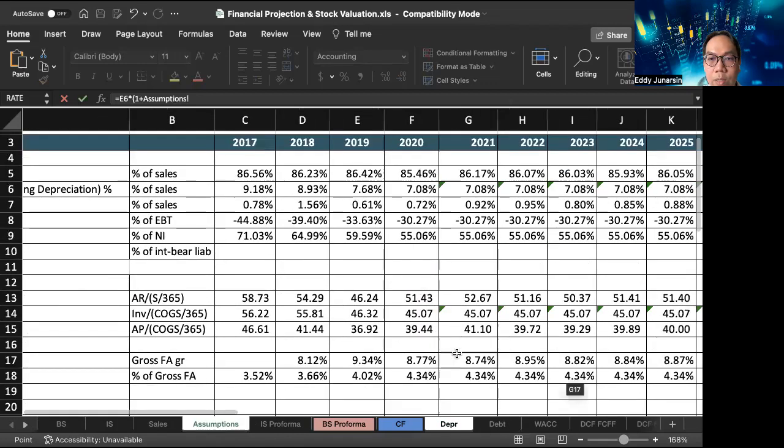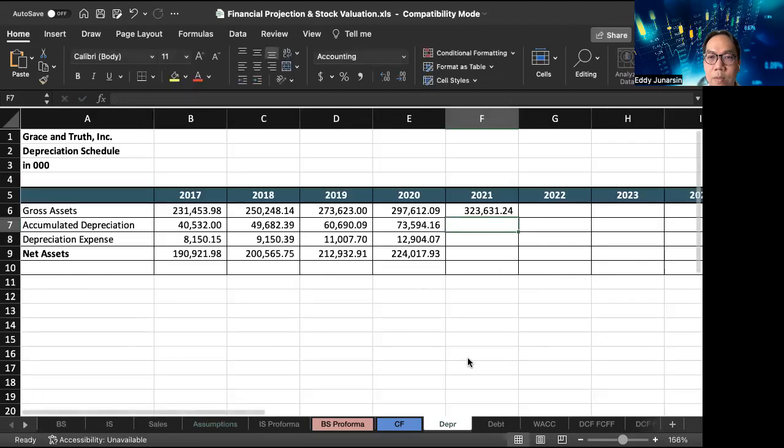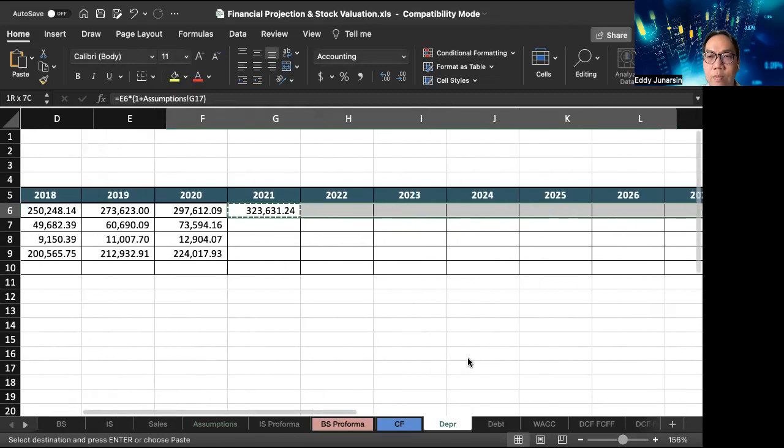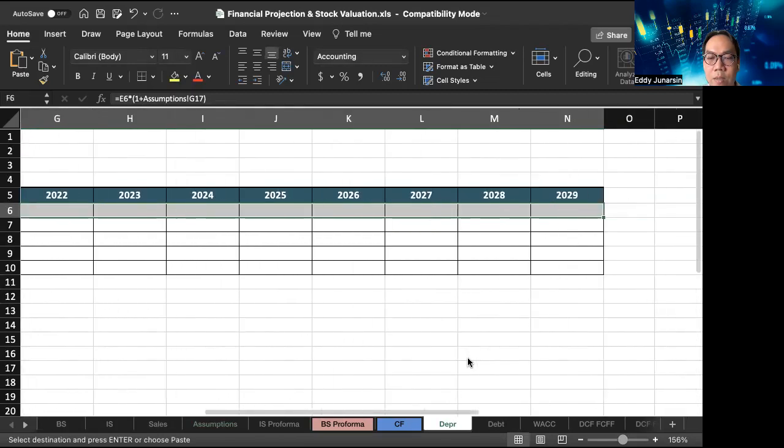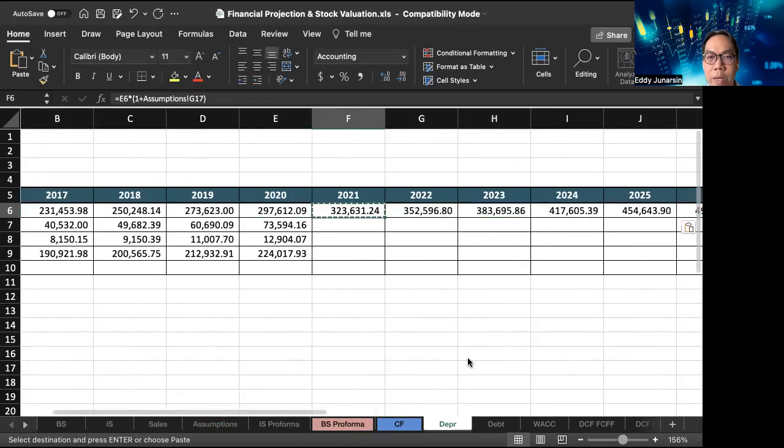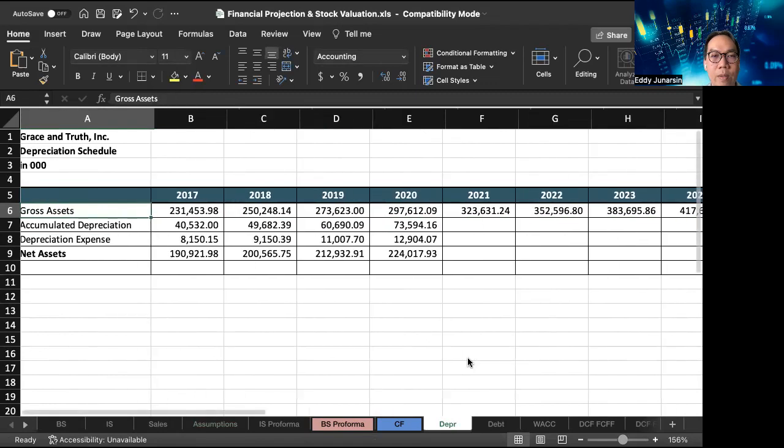Where's 2021? Here. Okay, and we are copying and pasting. So previous year times 1 plus the growth rate, the estimated growth rate.